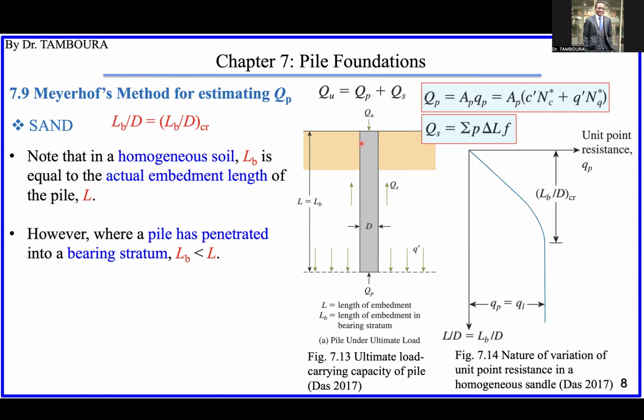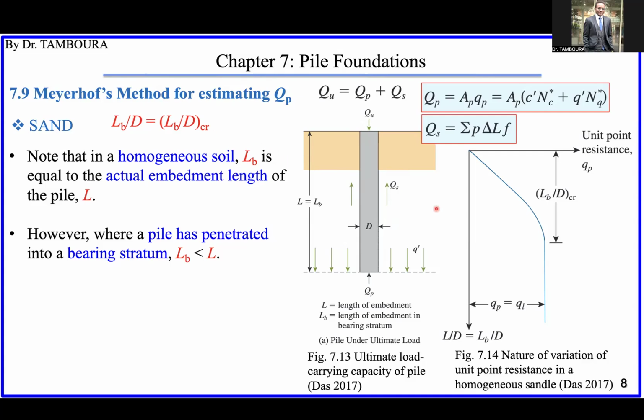But this is a very particular case that we will discuss later. Right now we are dealing with uniform, homogeneous soil. In that case, the pile embedment L is equal to LB, or let's say LB is equal to the real pile embedment, and then you can do the ratio.